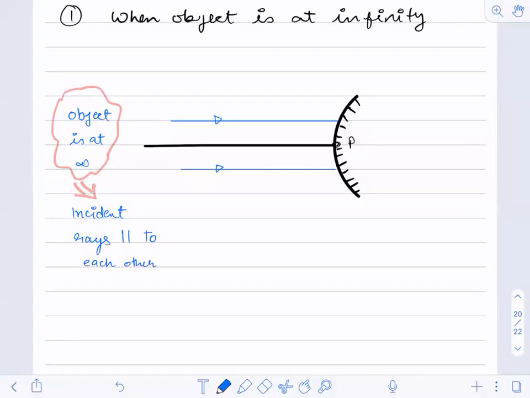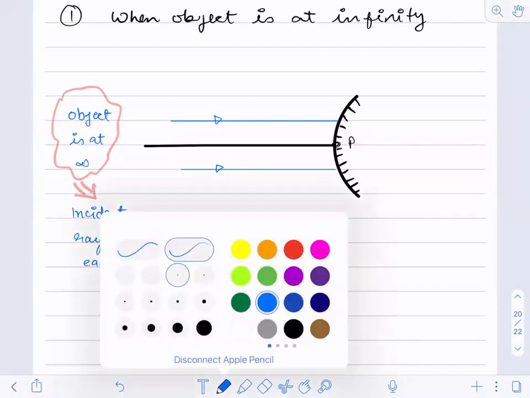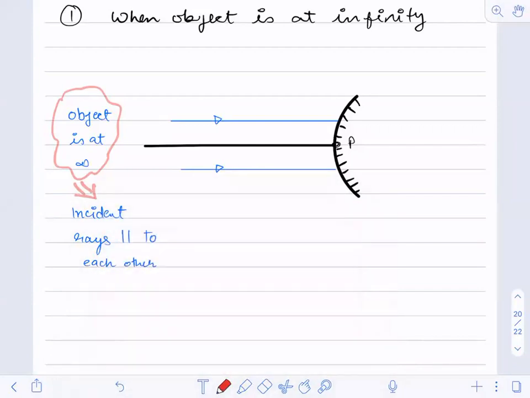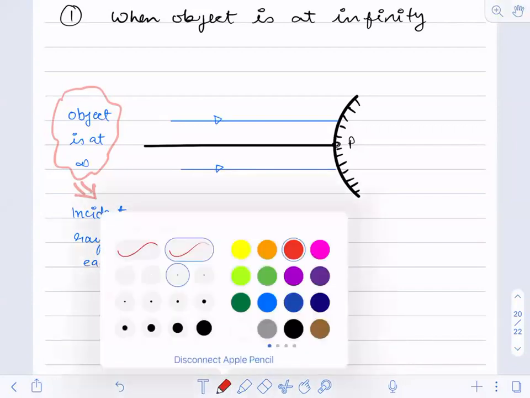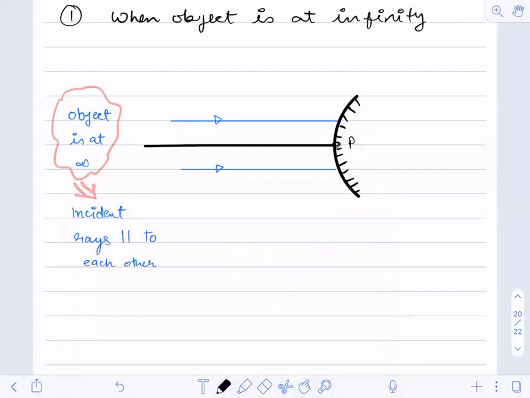Now, if they're parallel to each other, I'm taking them parallel to the principal axis, which lessens my burden. Parallel to the principal axis, what will happen to them?